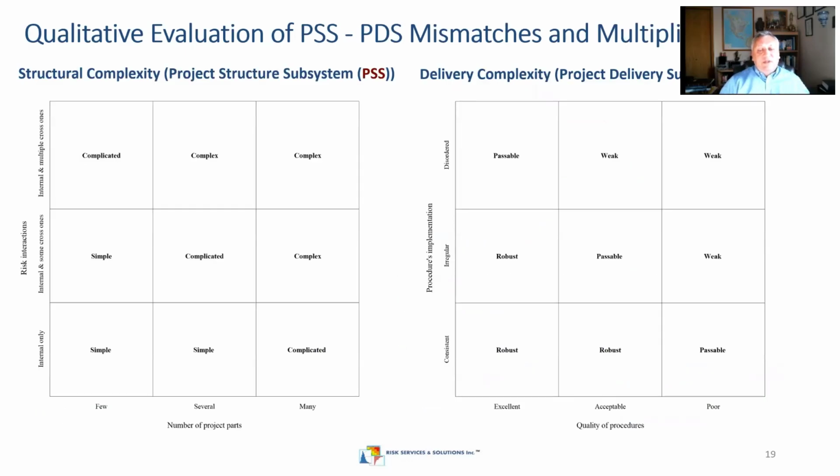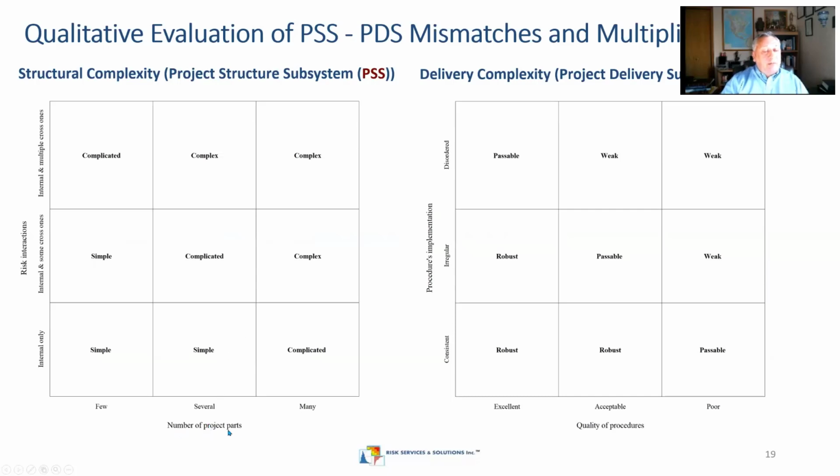But we need to understand what kind of beta parameters should be used. For that, we need to first do a qualitative evaluation of PSS, PDS mismatches. After that, we will consider quantitative calibration of them. As we discussed, the first part is about PSS, the project structure subsystem.